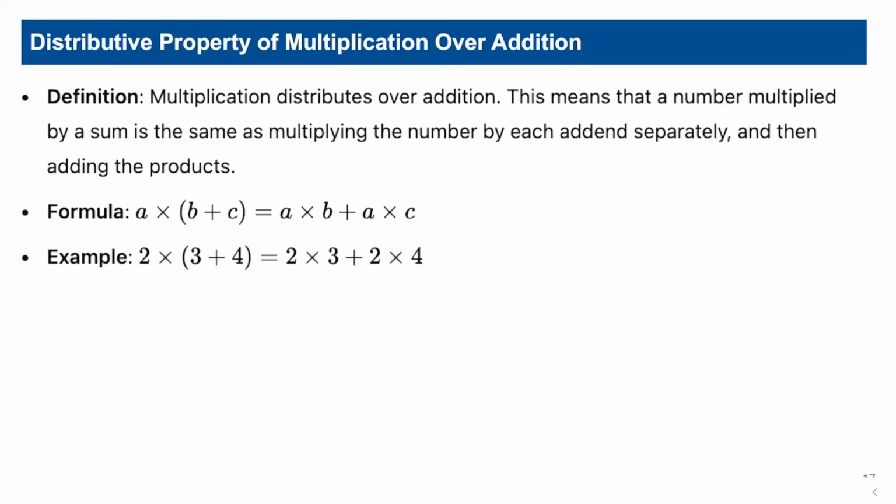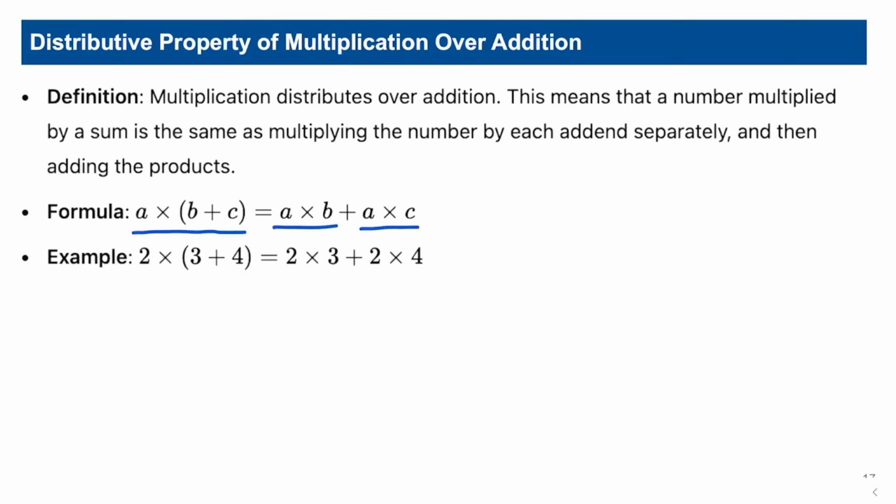Multiplication distributes over addition. This means that a number multiplied by a sum is the same as multiplying the number by each addend separately and then adding the products. If we have numbers a, b and c, a times (b plus c) equals a times b plus a times c.